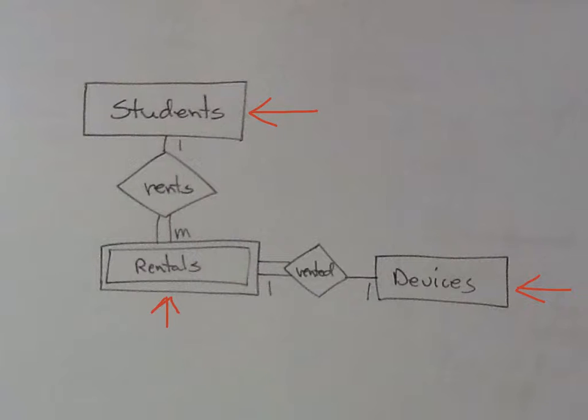This came from the example where at, let's say, a college, students either from a kiosk or the library or whatever could rent devices, like maybe an iPad to do some special work, or a laptop, or whatever devices they had, and we could rent them out.